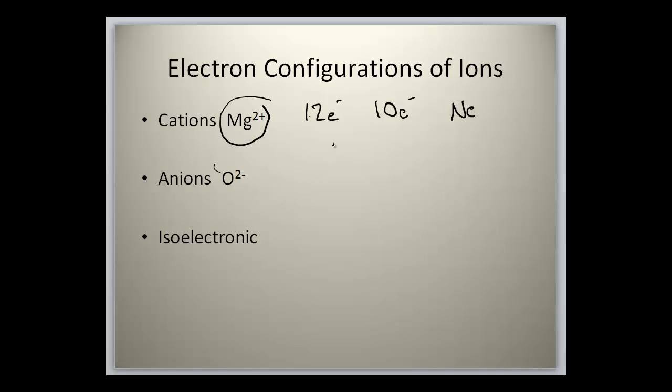So we would say 1s2, 2s2, 2p6. If you're looking at an anion such as oxygen, oxygen normally has 8 electrons, but since it's 2-, it now has 10 electrons. So it would have the same electron configuration as magnesium 2+.